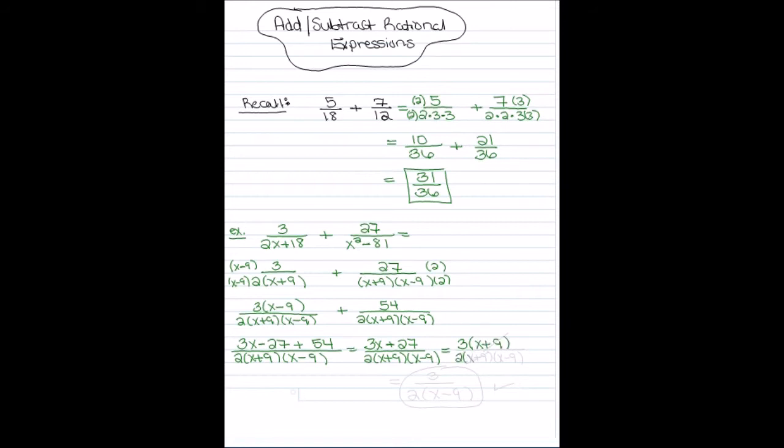And I can, because if I take out 3, I'm left with x plus 9. And there's an x plus 9 in my denominator. So x plus 9 can be canceled out. So my final answer is 3 over 2 times x minus 9.